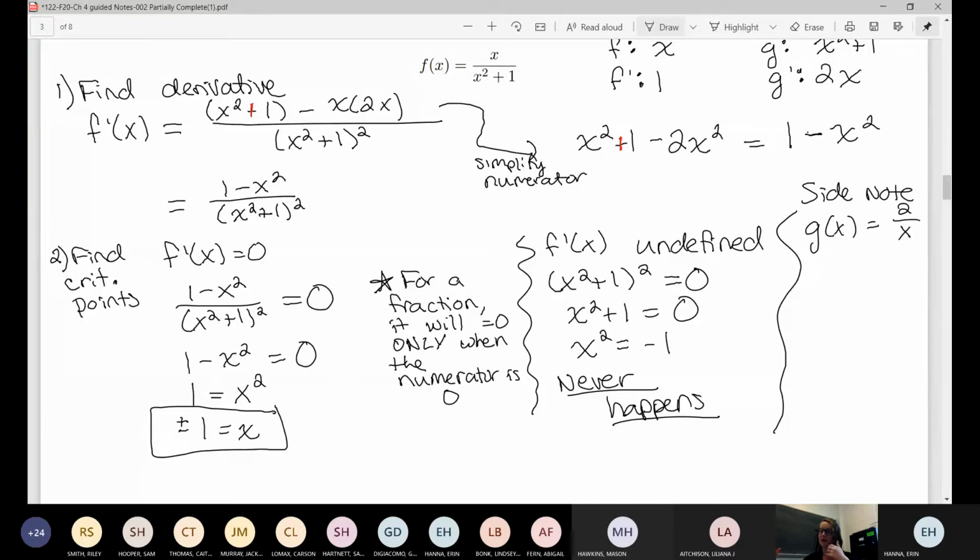It never happens to be undefined because x squared plus 1 all squared is never equal to 0, but that's why we check, because denominators being 0 would make something undefined. Any sense?